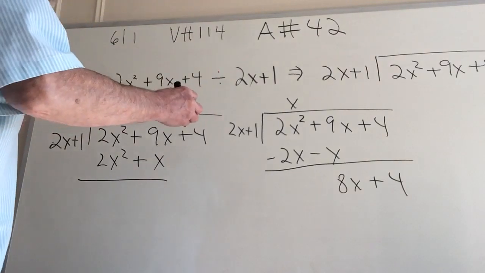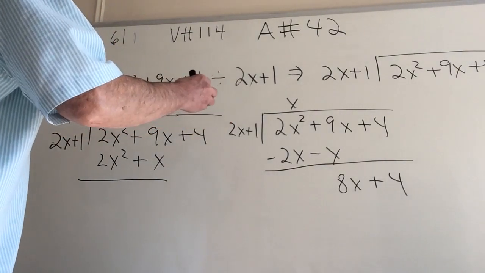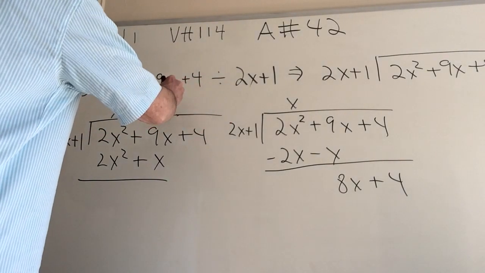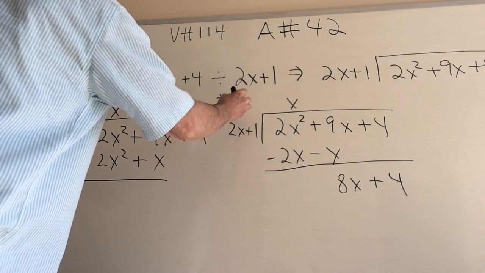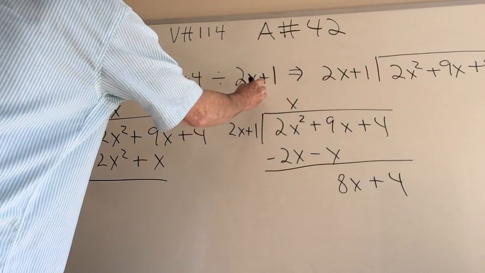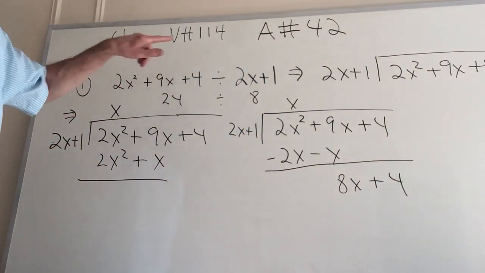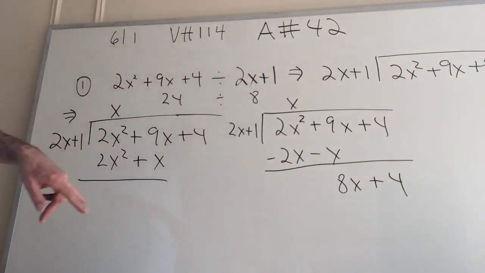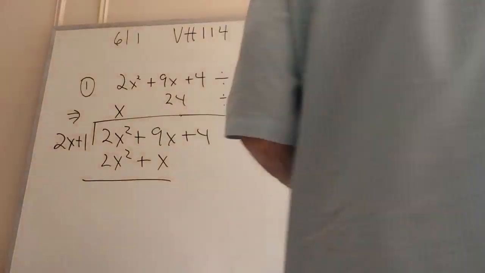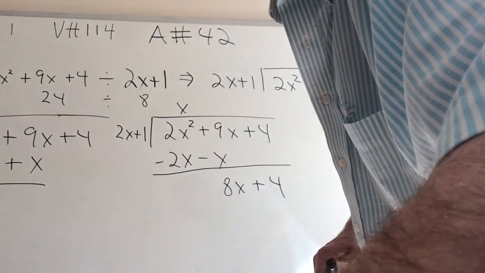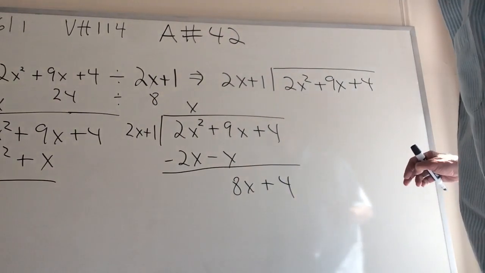I keep using the same numbers, but let's just do 24 divided by 8, okay? Instead of saying this algebraic expression. And the game is that the remainder has to be 0. So I move this over here so you can see a little better what I'm doing.